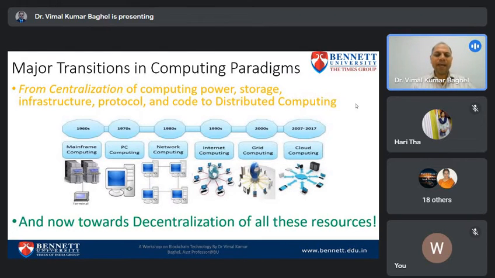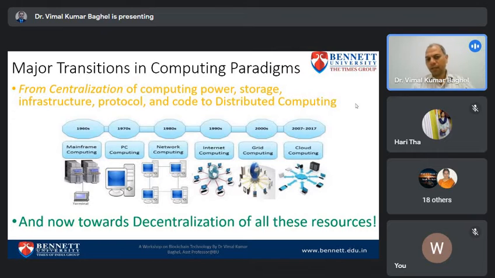And then as computing resources became somewhat affordable, from the 70s onwards personal computers started growing in business and becoming affordable for people. Then personal PC computing started, and there was a proliferation of networks.